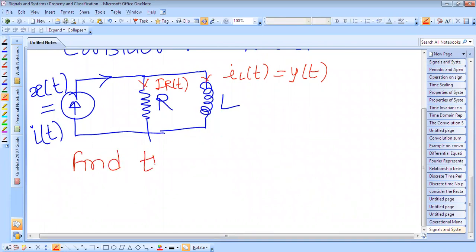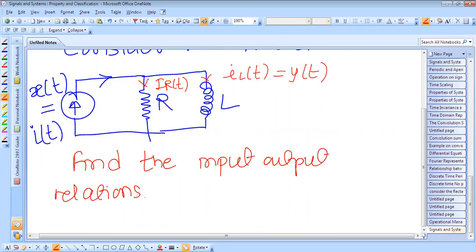Find the input output relationship for the RL circuit.